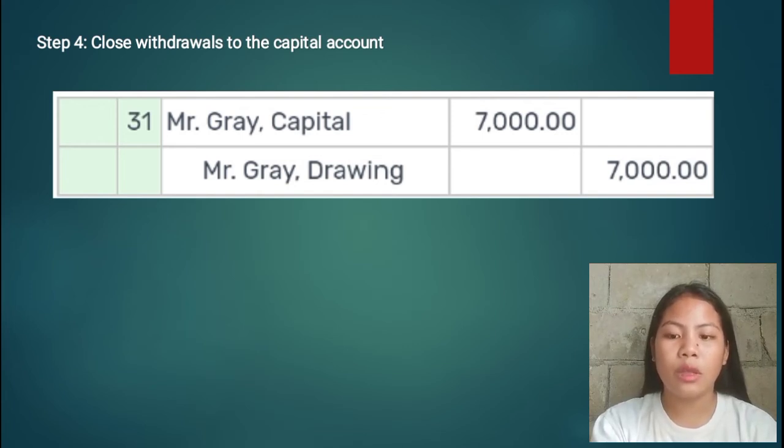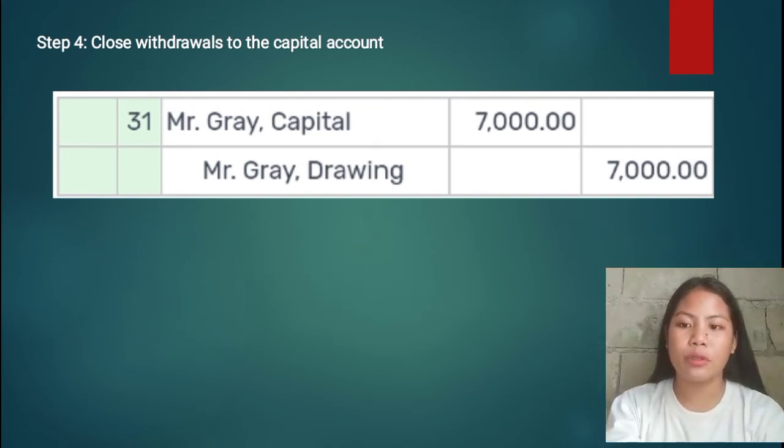All drawing accounts are closed to the respective capital accounts at the end of the accounting period. Our example is a sole proprietorship business. Mr. Gray's withdrawals are recorded in Mr. Gray drawing. To close the drawing account to the capital account, we credit the drawing account and debit the capital account. Notice that the drawing decreased capital.